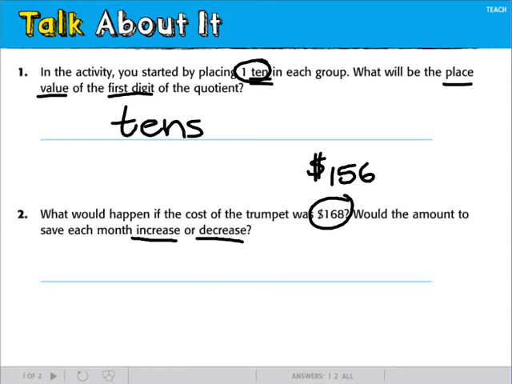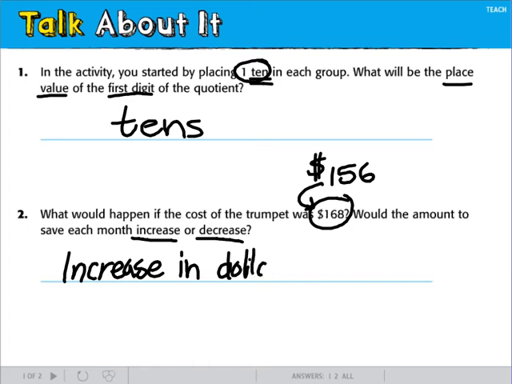Increase. Why would it increase? Devin? 168 is higher than 156. Because the amount of money increased, right? Did the amount of time increase? No. So we have an increase in dollars, but not in time.